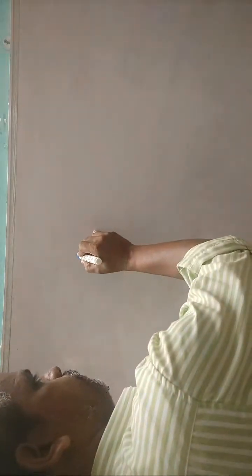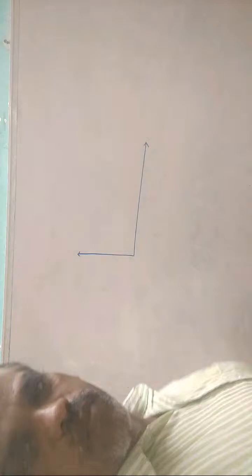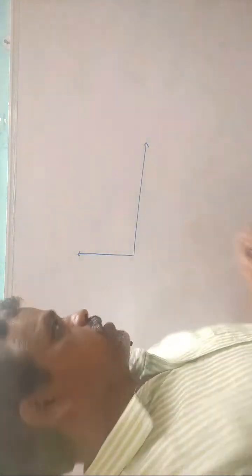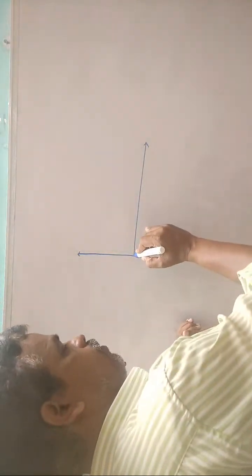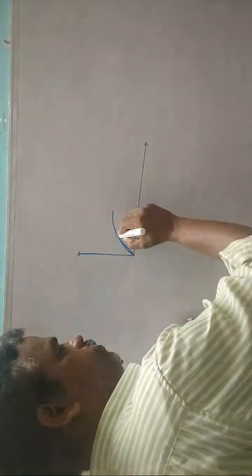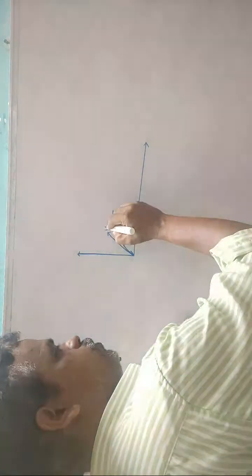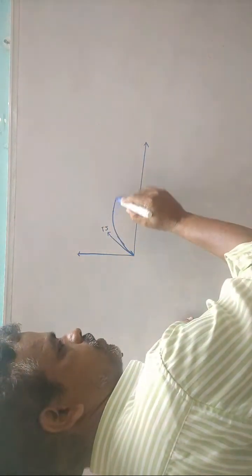IIT Physics. So yes, in the last class I explained oblique projection of a body. If we project a body with initial velocity u, that is a vector quantity.